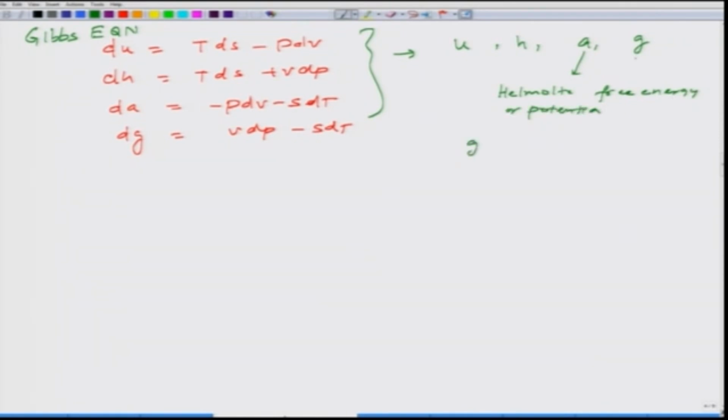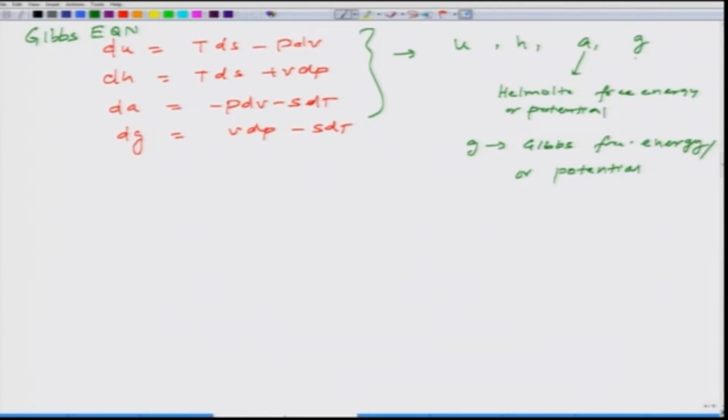Similarly, G is Gibbs free energy or potential. So that is Helmholtz free energy or Gibbs free energy or Gibbs potential.